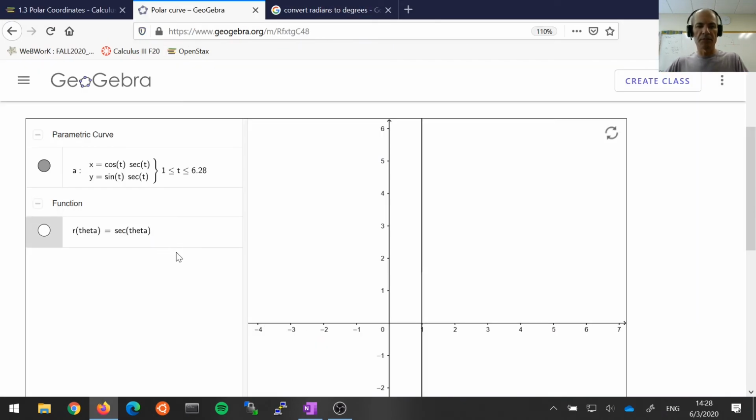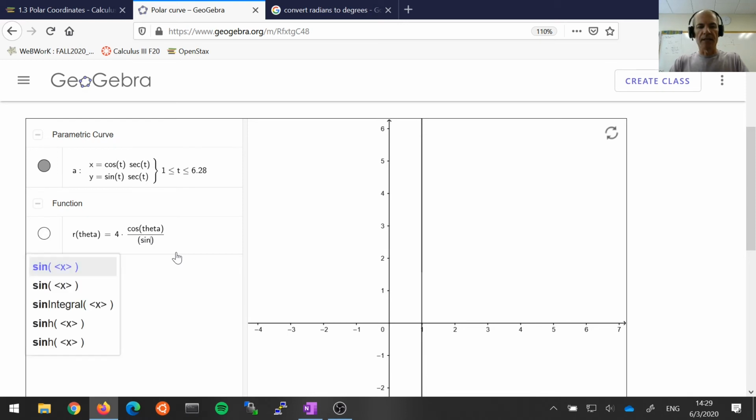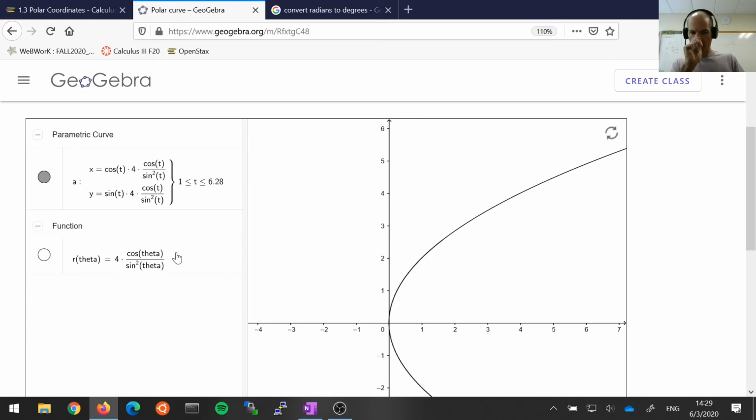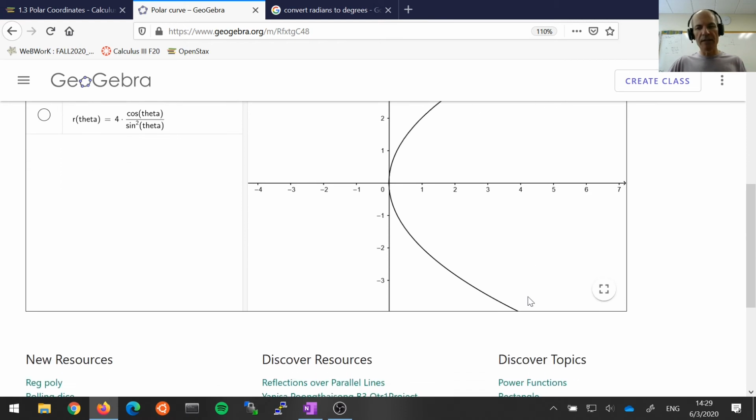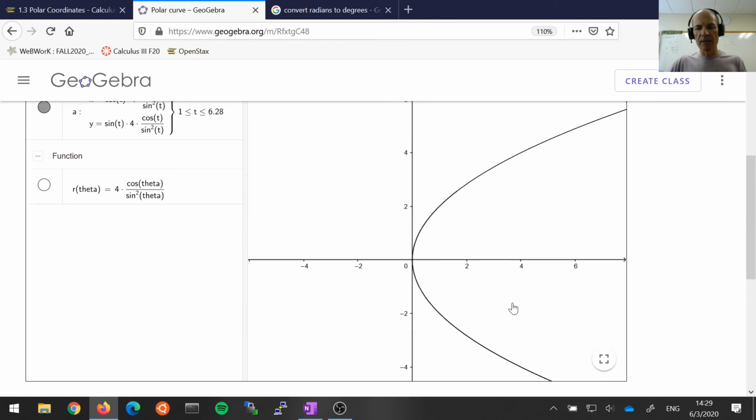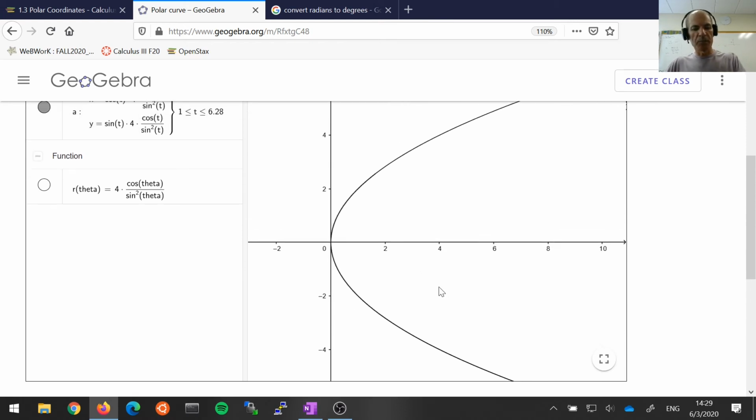So let's get rid of this one and replace it with 4 cosine theta divided by sine theta quantity squared. And we get something that looks an awful lot like a parabola, a sideways opening parabola.